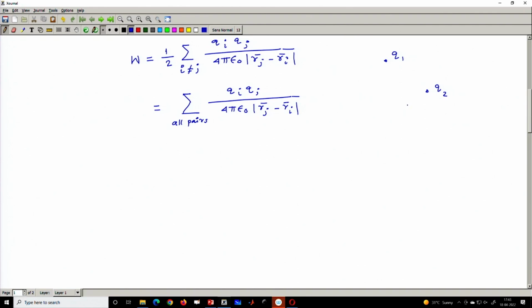It is the same thing if we interchange 1 and 2, but then I am adding twice, which is why the half term needs to be there. We will do one problem, then things will be much clearer.